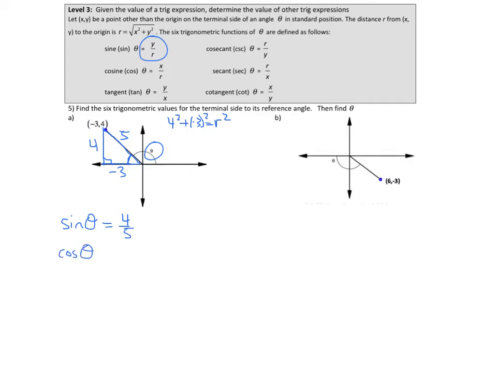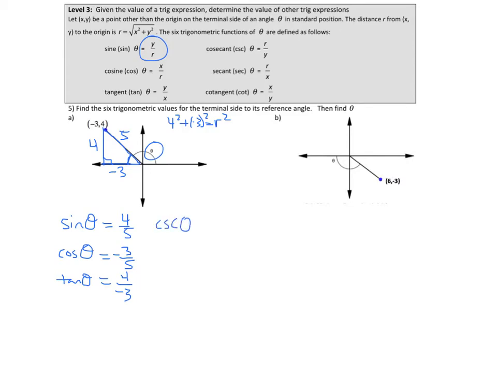Cosine theta, which is adjacent over hypotenuse, would be -3/5. You need to take the signs into account. Sometimes they come out negative. The tangent of theta is opposite over adjacent, or y over x, which is 4/-3.